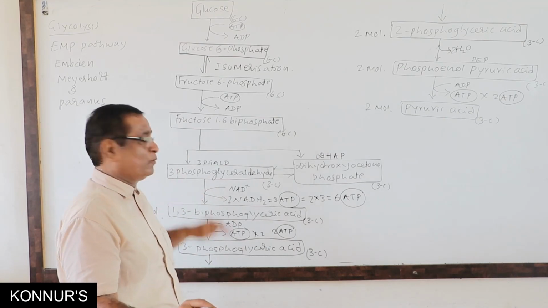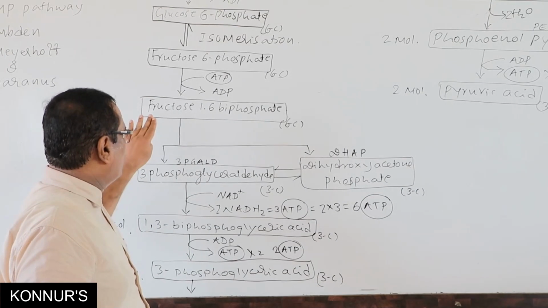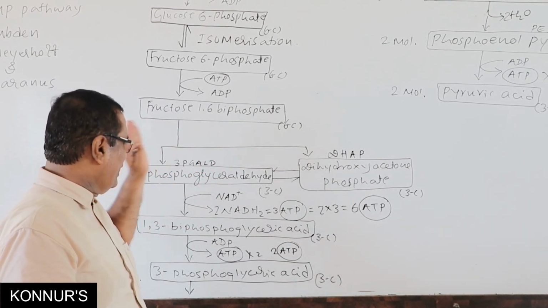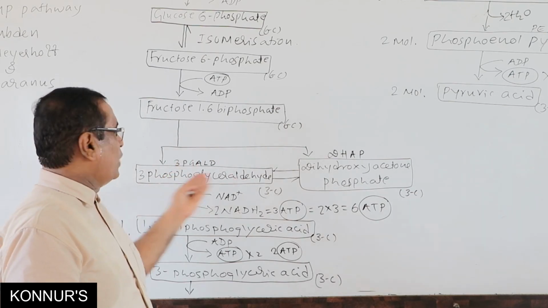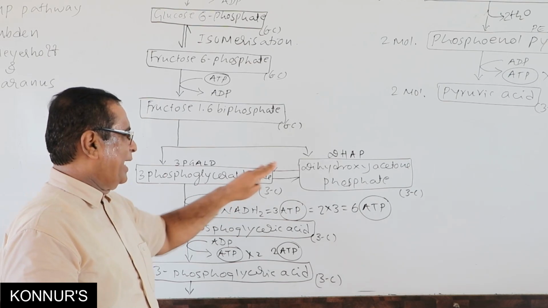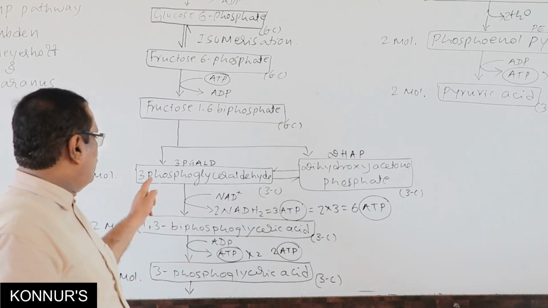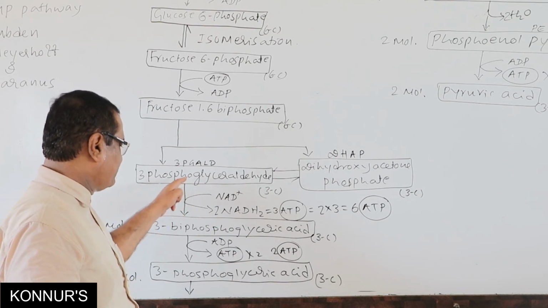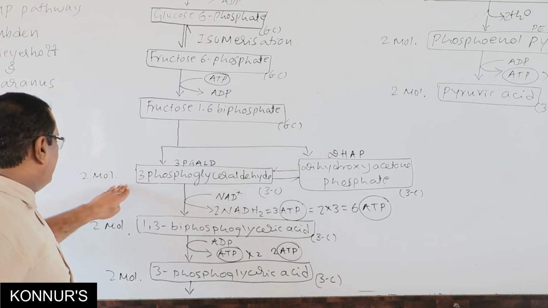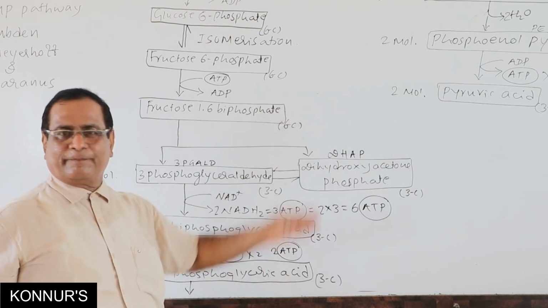When fructose 6-phosphate undergoes phosphorylation, the product is fructose 1,6-biphosphate. And now, when it splits, 2 isomers are formed. One is 3-phosphoglyceraldehyde, another is dihydroxyacetone phosphate. But only 3-phosphoglyceraldehyde takes part further. Even this DHAP is converted into this, so we have to go with 2 molecules as well.